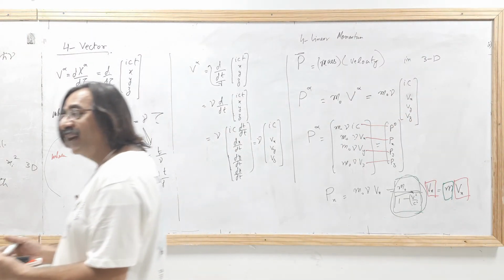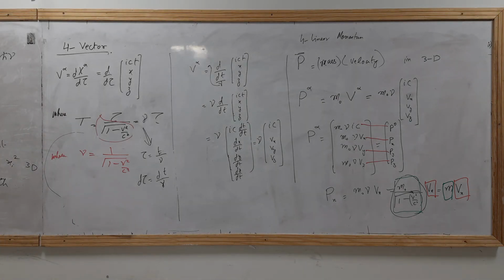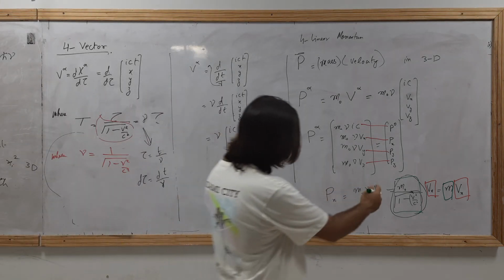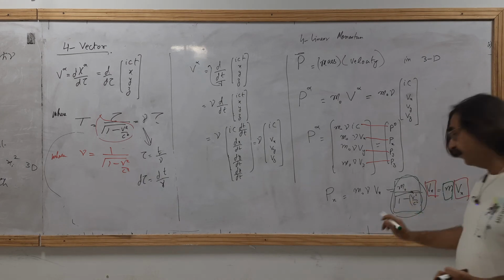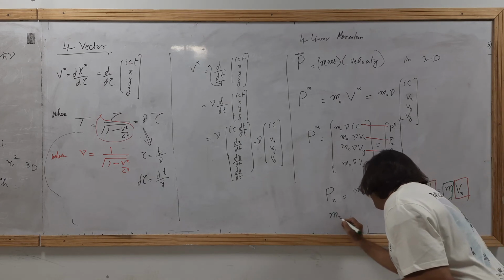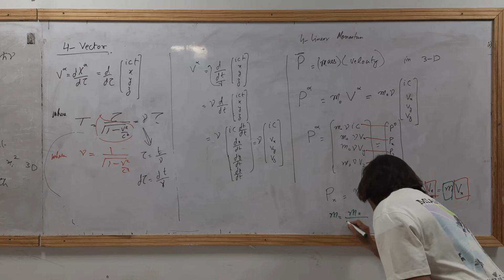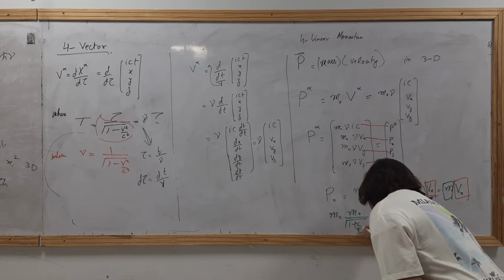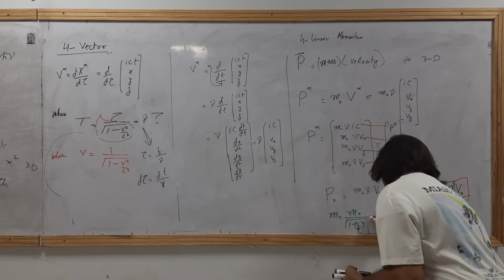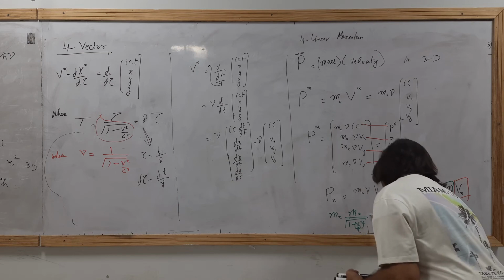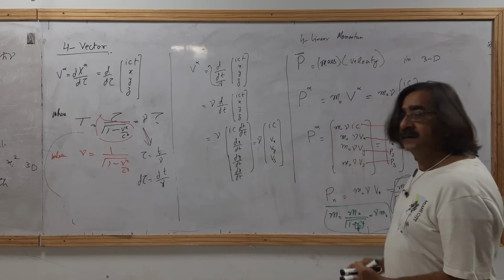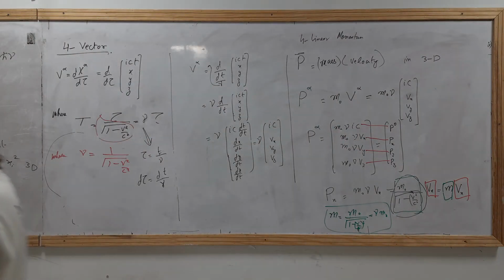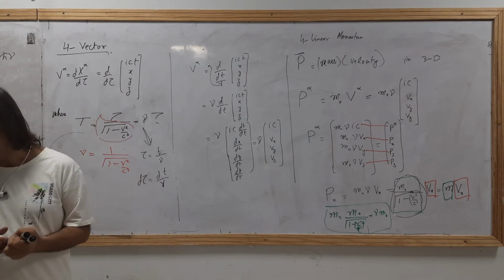So in relativity, mass will not be constant, but will be equal to m naught divided by the square root of 1 minus v square over c square, that is, m naught gamma. This is the relation for the relativistic mass, defined as the relativistic mass.